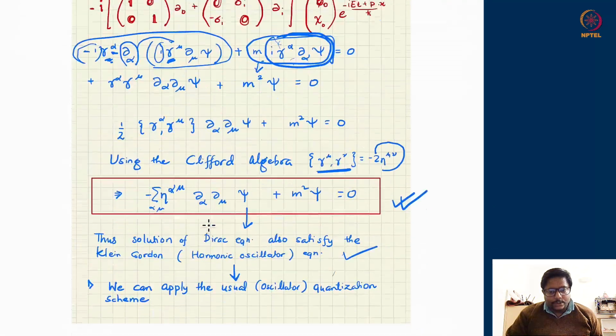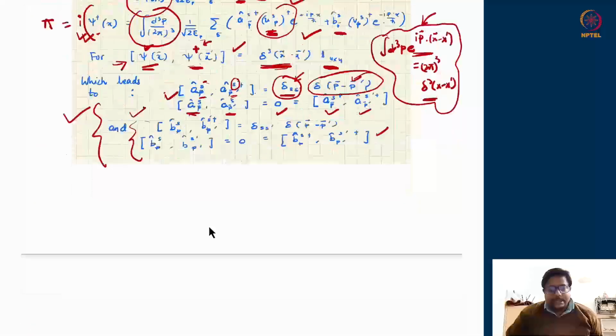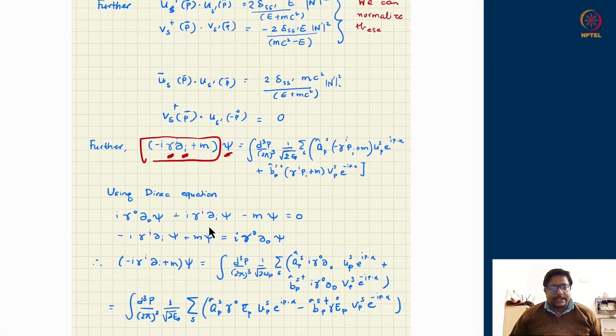I should be taking this operator, hitting it on the psi, and trying to see what I get. When I take this and hit on the psi, there is the gamma part, which is a matrix, and the derivative part, which acts on space. Space only, this is not time, these are spatial derivatives. So spatial derivatives are only on the e to the power ipx part, and the vector part of the matrix is only in the us.